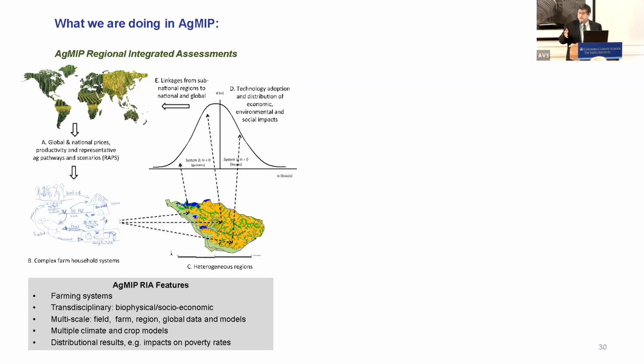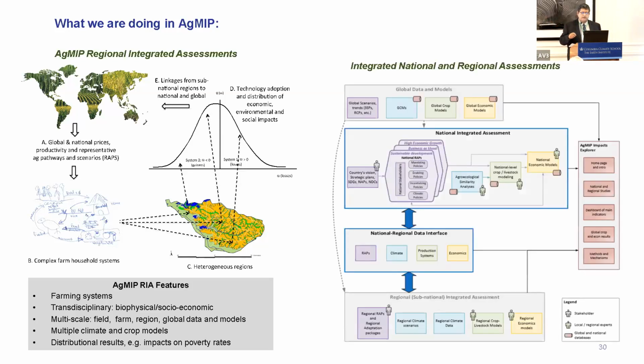And it was good to hear yesterday Marco Sanchez's presentation about the national models. And I think Herman said, that's what we need in AgMIP, right? And exactly. Two years ago, we were working in this project funded by IDRC, the CLARE project, and we started developing what we call integrated national and regional assessments, or INARA.